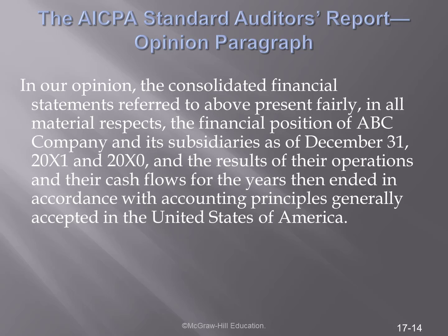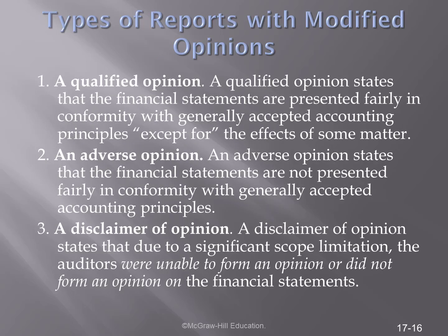So you notice we still are referring to the GAAP standards as the basis for our opinion, and this is again not an unqualified opinion, but we call this an unmodified opinion, meaning that we are expressing the opinion without modifications.